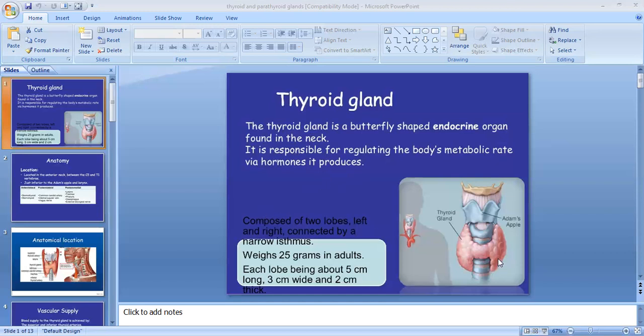This thyroid gland has two lobes, the right lobe and the left lobe. Both these lobes are attached together through a narrow isthmus, and this thyroid gland is present in front of the trachea, and it is attached to the trachea through the ligament which is known as the Berry's ligament.